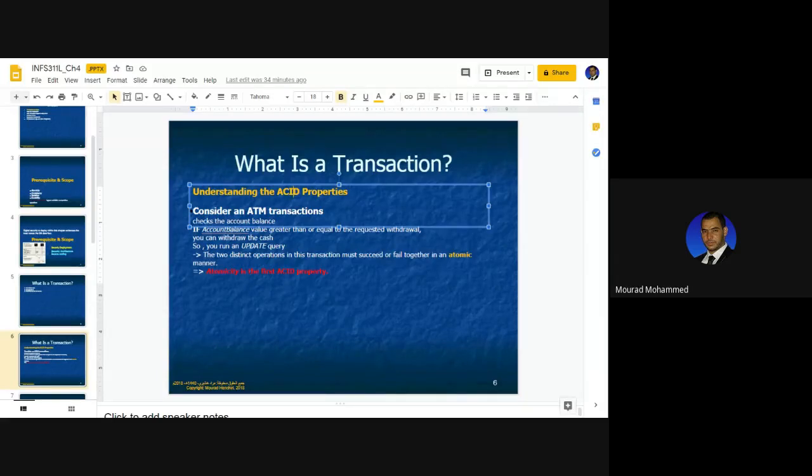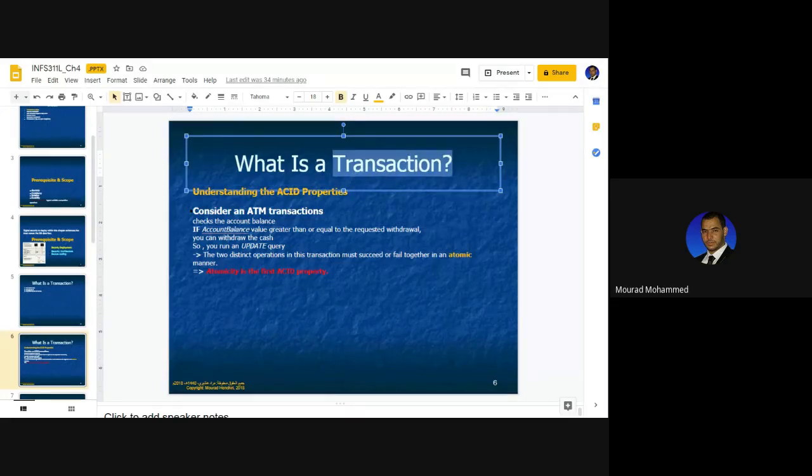Each of these four has to be fulfilled by any transaction you set or use.